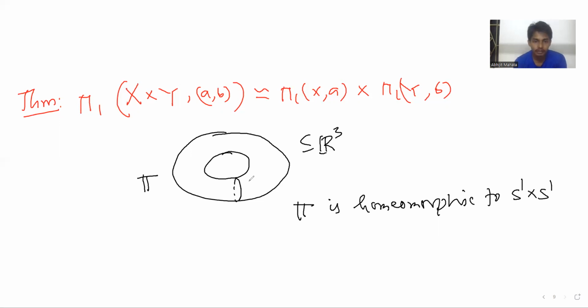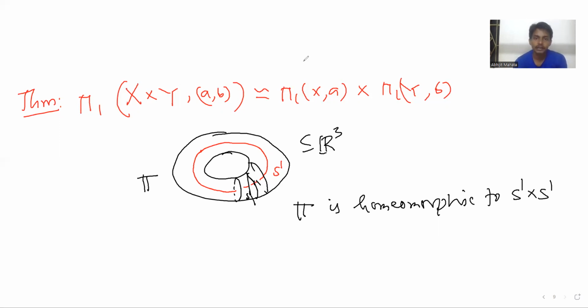Why? Because you take this circle, which I call S1, and the black circle I call S1 also. At every point you draw a circle like this, and then you are making a torus. So this is nothing but S1 cross S1.